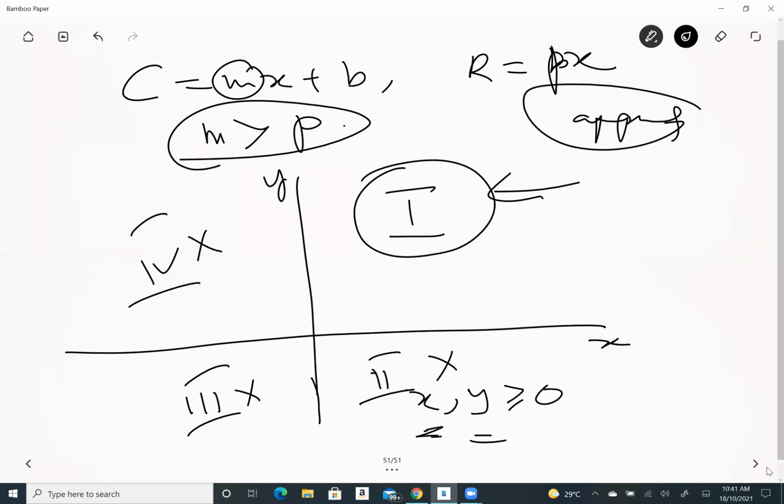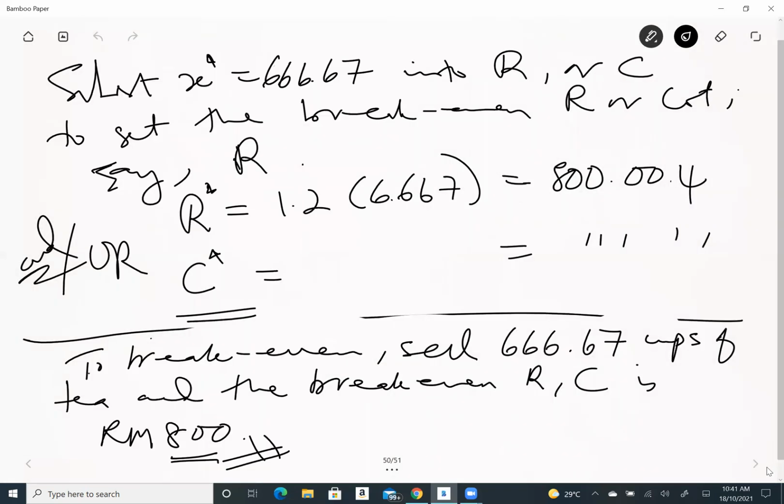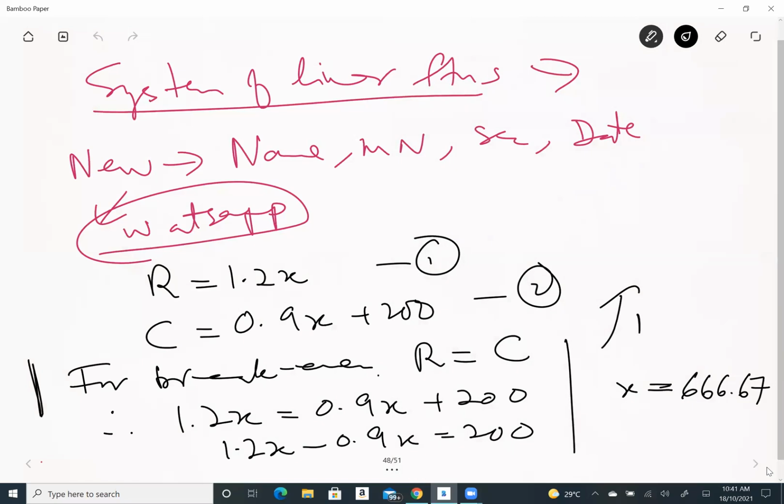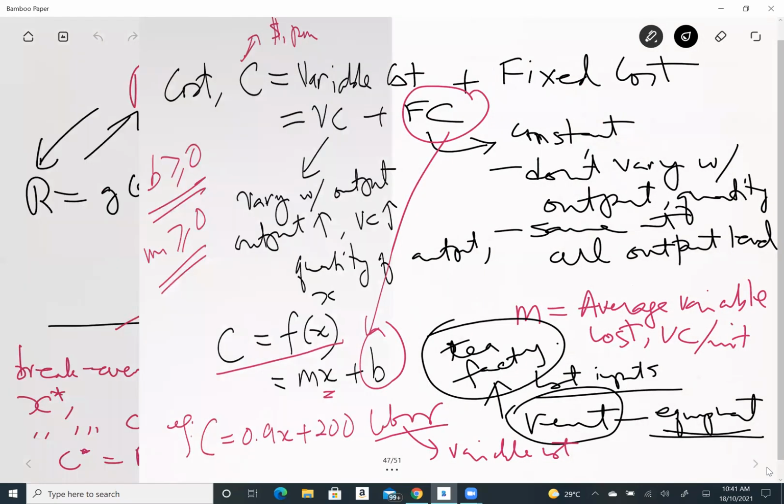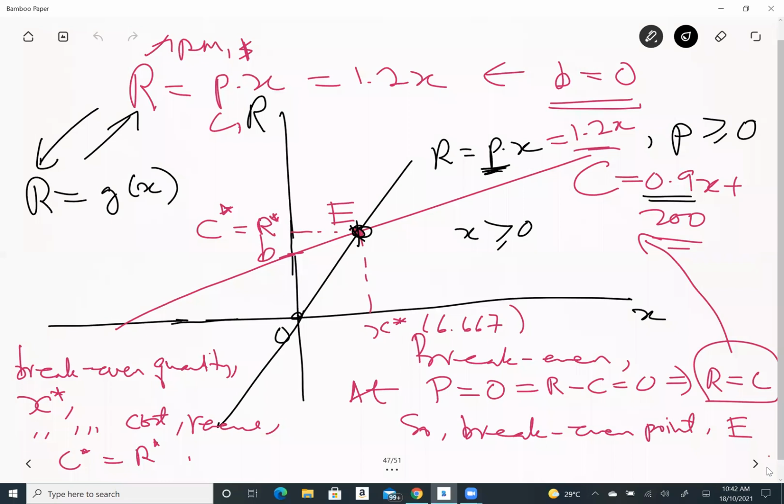When you draw the graph for application, we can save a little bit of time because we only need to focus here. Even for me, I drew a little bit more toward the negative x, but you can draw a little bit, you don't need to show the negative. So our focus will be on the positive part.